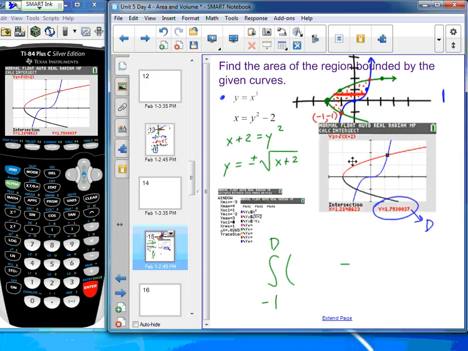X equals cube root of y minus our left curve is x equals, this time we need parentheses, y squared minus 2, close, and with respect to y. How do we do?